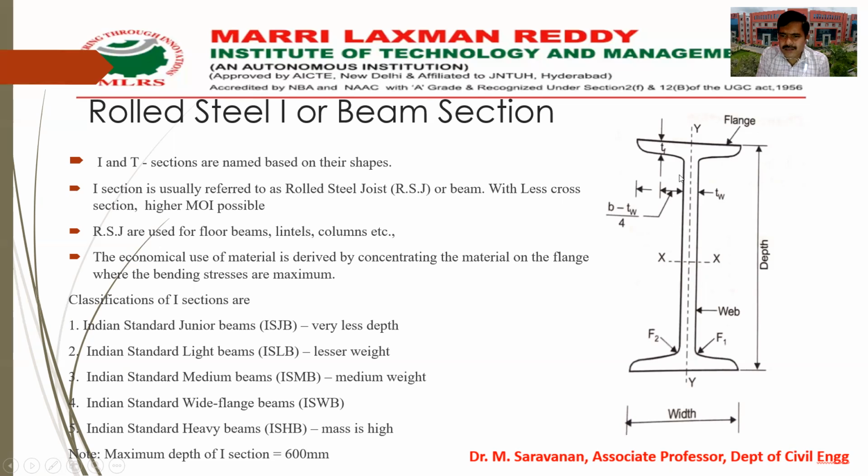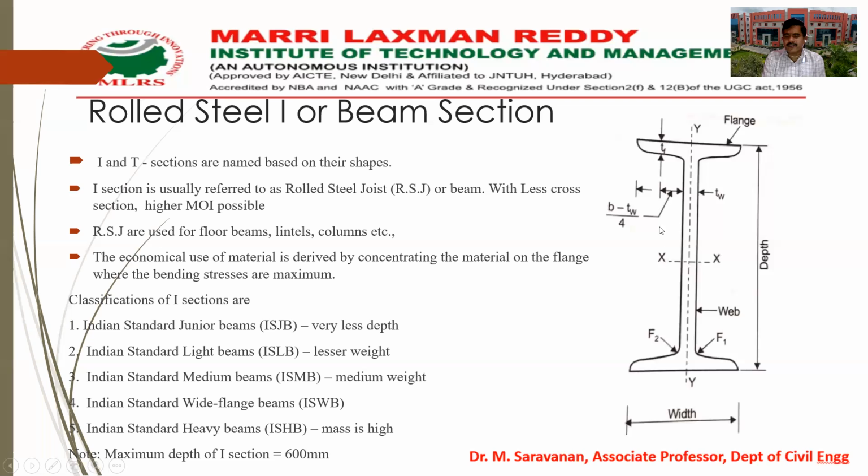Therefore, the top and bottom are subjected to more bending stress. So here we need to provide more material at the extremes. It will not require that much material at the center to resist the load. Therefore, this I section is a very good section.